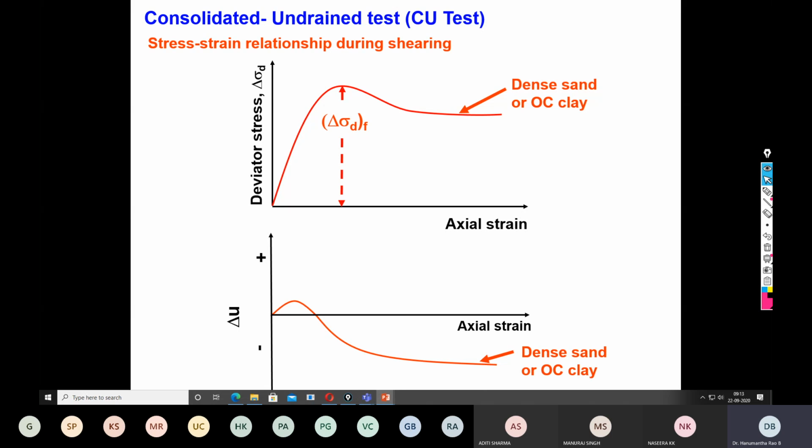Now you have to understand this in a different way also. First of all, let me explain the negative. Negative means water is getting expelled out, but at the same time, as water is expelled from the soil sample, it equally shows a tendency to absorb water by capillary action.